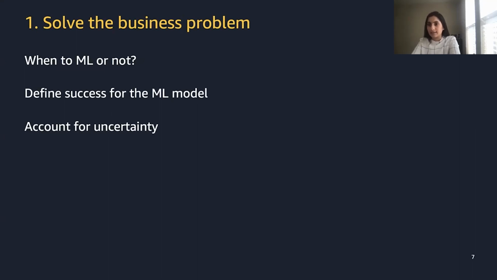There are certain cases where robust solutions can be developed without using ML techniques. For example, you don't need ML if you can determine a target value by using simple rules, computations, or predetermined steps that can be performed without needing any data-driven learning. So the first question that you need to answer is whether to ML or not.